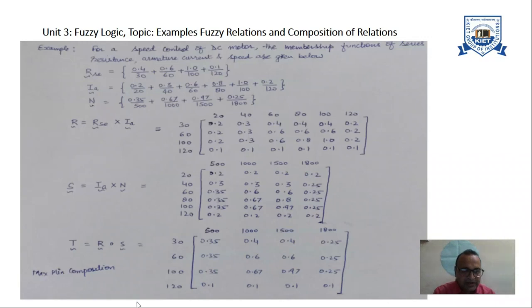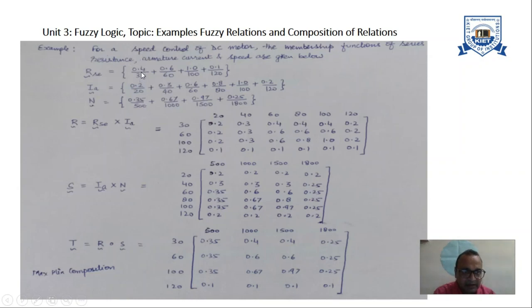The final objective is to make a relationship of all the elements of the first fuzzy set with all the elements of the last fuzzy set. So here we are applying the max-min composition. What we do is make a relationship between 30 ohm resistance and 500 RPM.